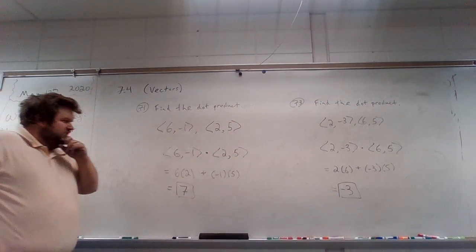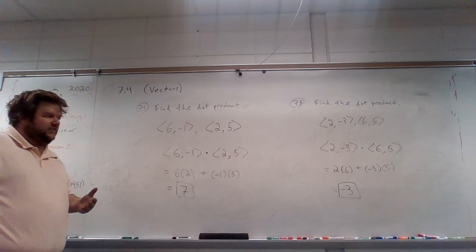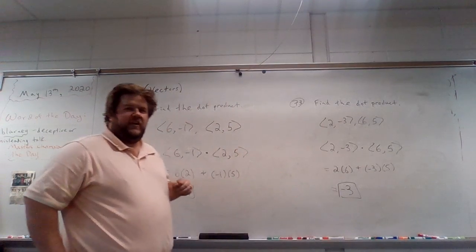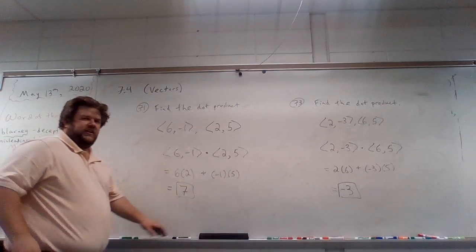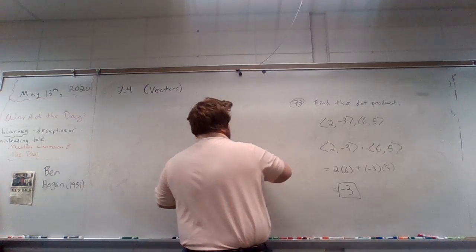Okay, typically if the number is positive, that means that we have an acute angle between the vectors. If the number is negative, that means we have an obtuse angle between the vectors. And then there's a special case where the dot product is 0.